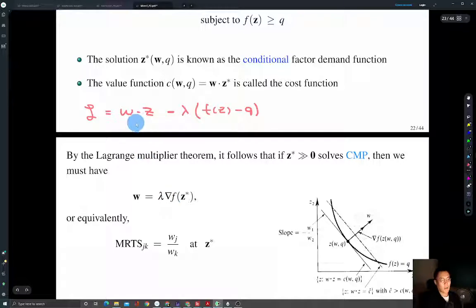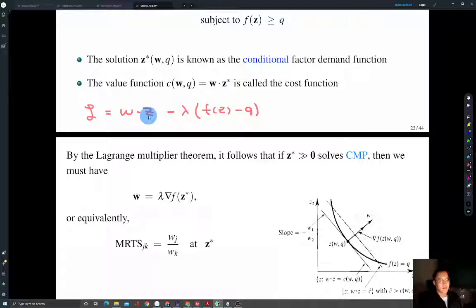Now the choice variable for this firm: if the firm faces L-1 different inputs, then in case of two inputs, let me start with the two inputs, z1 and z2.